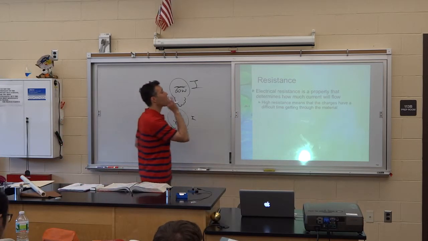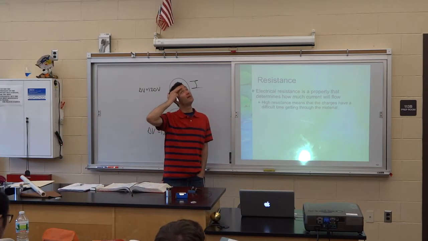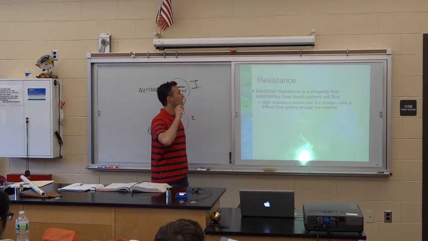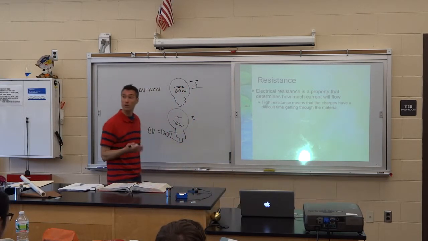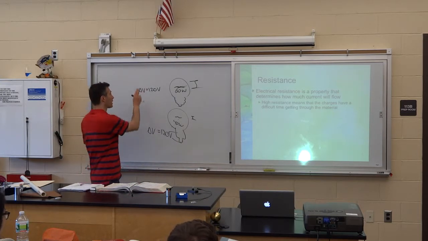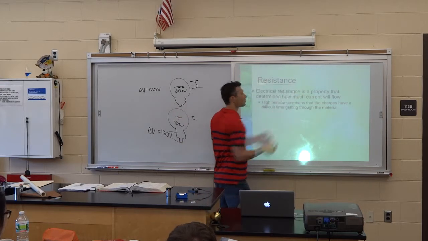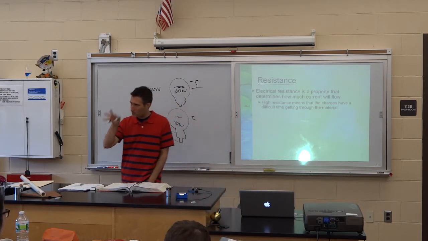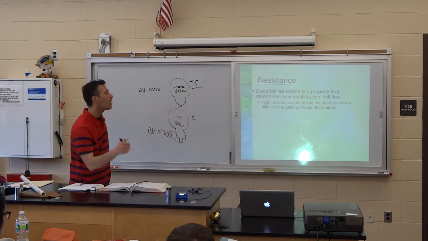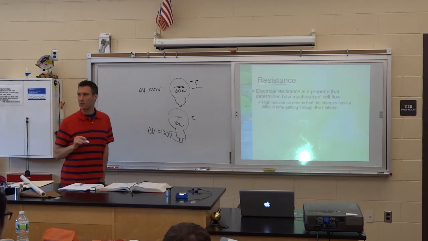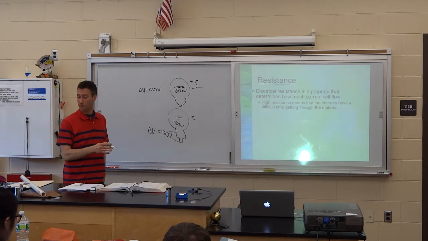All right, so this is our last variable of the year, I think. Exciting. And it's one of our three major electrical variables along with electric potential difference and current. Electrical resistance is a property inherent to the material that the thing is made out of, which controls how easily charge can move through.